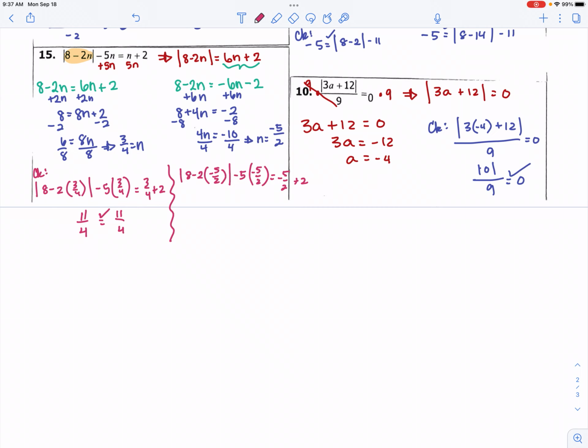So again, I'm going to go to my absolute value and then do 8 minus 2 times a negative 5 halves, and then minus 5 times negative 5 halves.